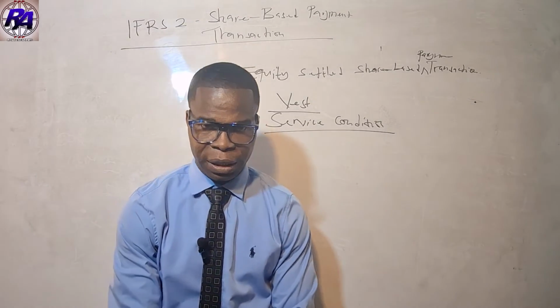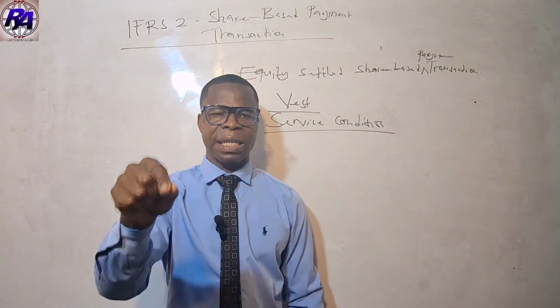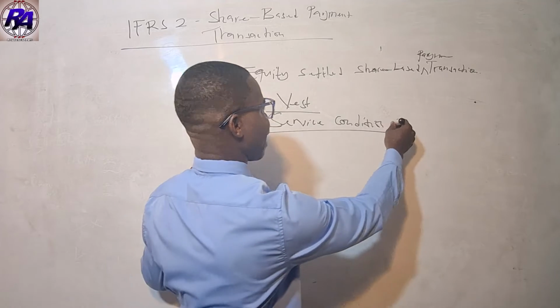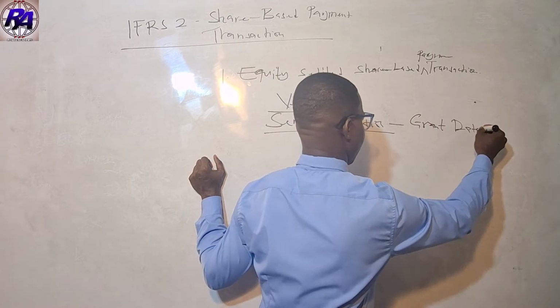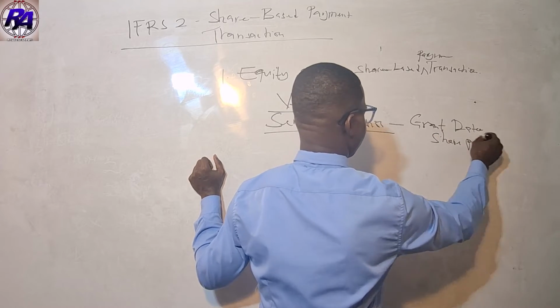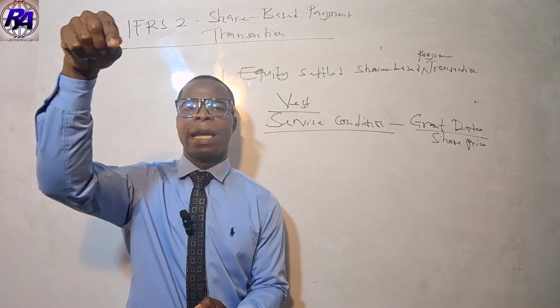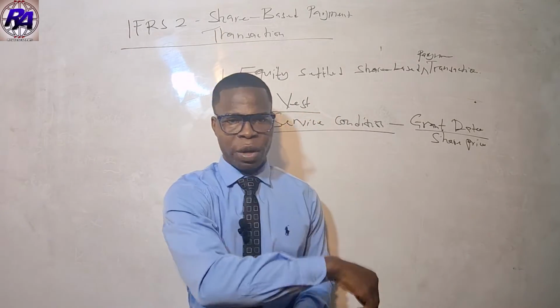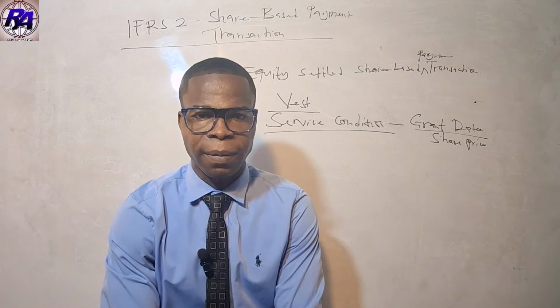And when it comes to a service condition, the share price that is going to be used is the grant date share price. The grant date is the date that the entity and the employee enter into that arrangement or contract.